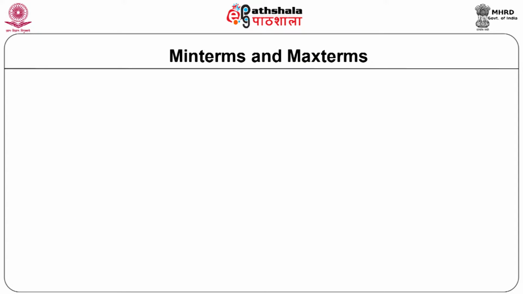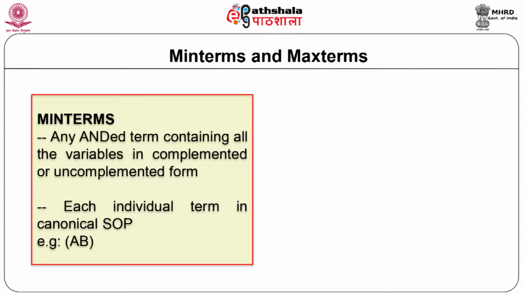Let us now talk about min terms and max terms. Min term is any ANDed term containing all the variables of the function in complemented or uncomplemented form. Min term represents exactly one combination in the truth table.